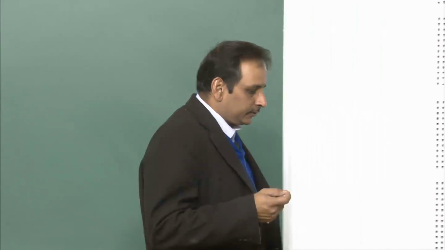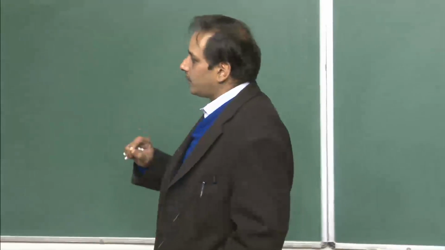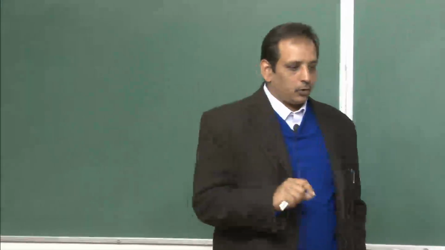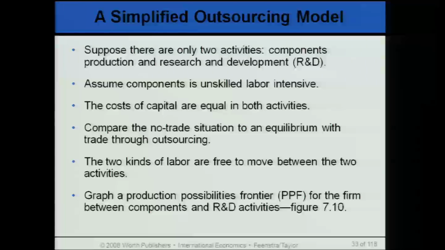Now, if you want to show the gains of trade under the Heckscher-Ohlin banner, you have to bring in the production possibility frontier. Now, the production possibility frontier will show a trade off between the two goods which are R&D intensive, the other is the component production.